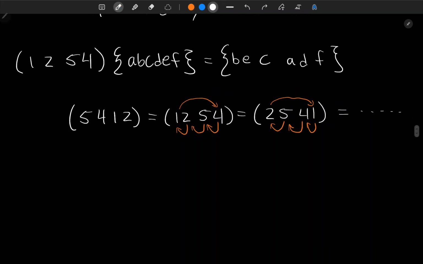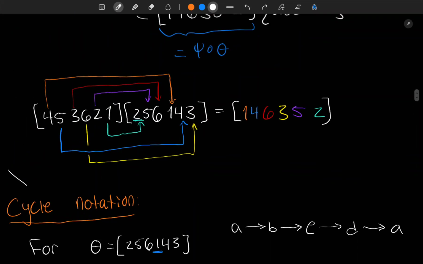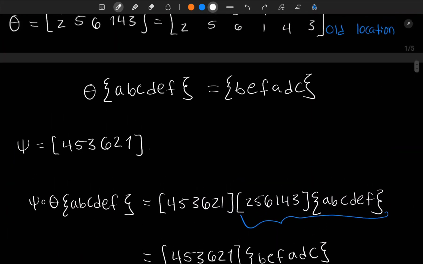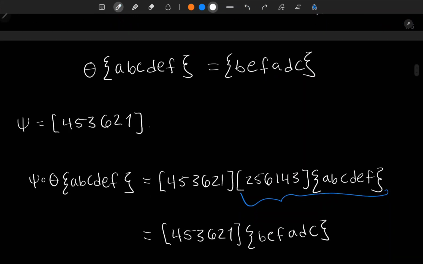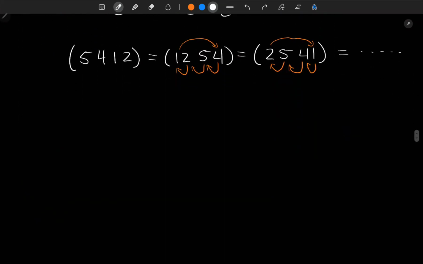And moreover, if we look at how theta acts on A, B, C, D, E, F, if we go back up and look at how theta acts, we said that theta sends C to the sixth position, and it sends F to the third position. So it swaps the sixth position and the third position. So this is also a cycle, because the third position goes to the sixth position, and the sixth position goes to the third position.